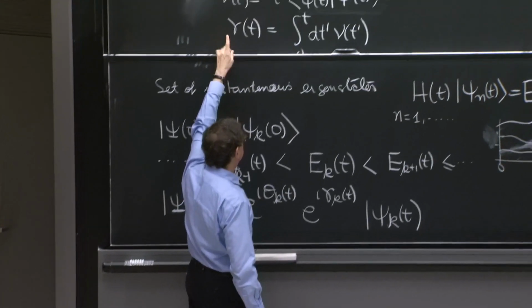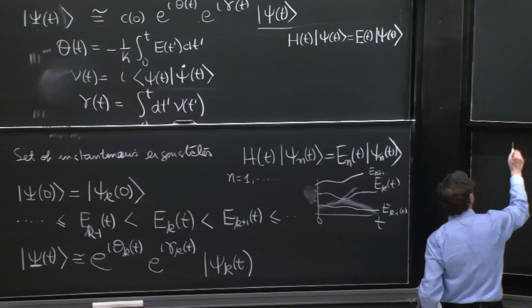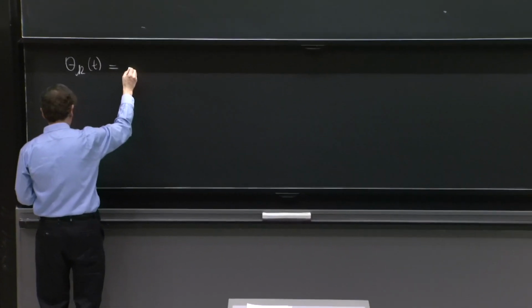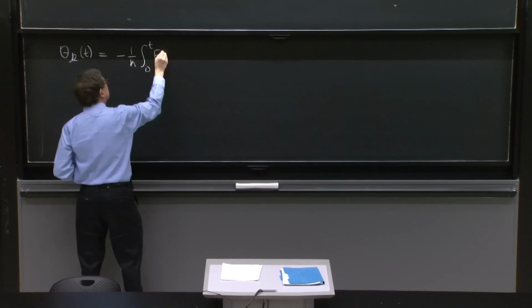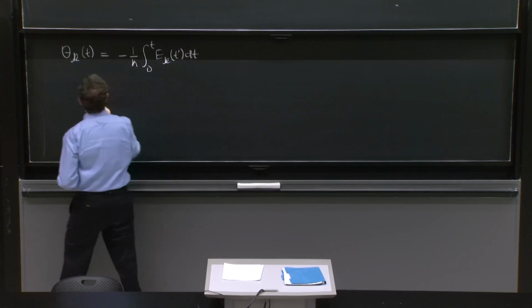They are just the same quantities. I might as well write them for completeness. Theta k of t is what you had before, minus 1 over h bar, integral from 0 to t of Ek of t prime dt prime.